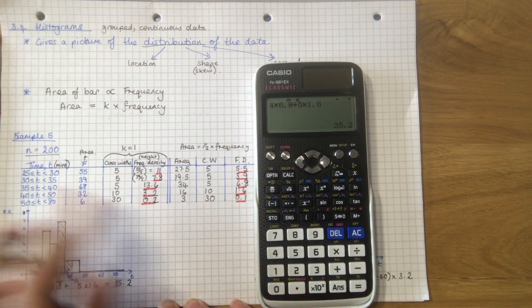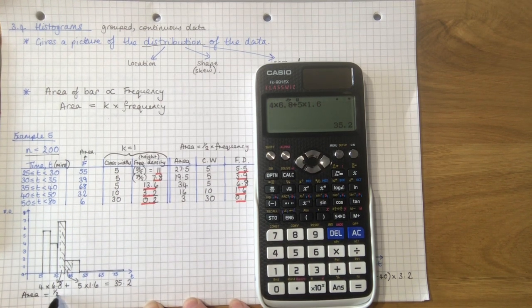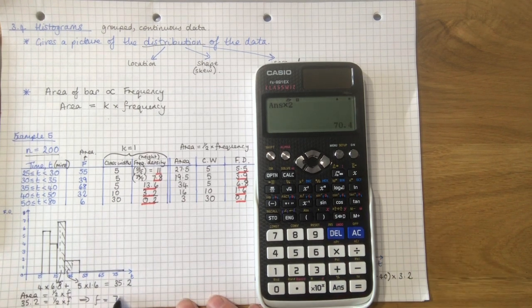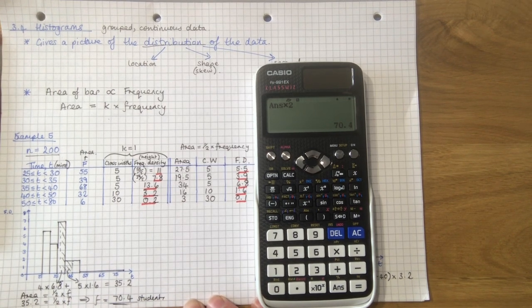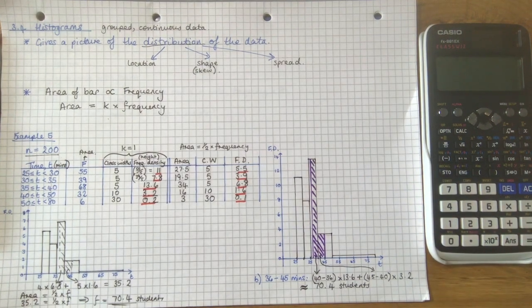But on this graph, when I did this one, the area was half the frequency. So that 35.2 is half the frequency, which means that the frequency is 35.2 times 2, so 70.4. So we still got exactly the same answer, but we just had to apply this scale factor in reverse to find out the frequency from the area.